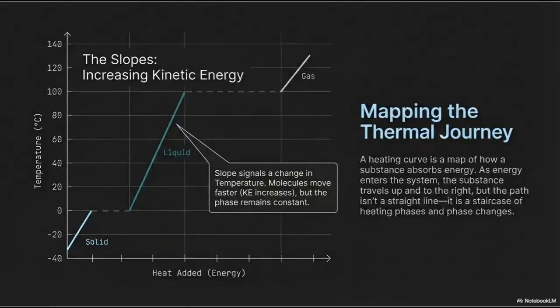So kinetic energy is increasing in regions where the graph is going up. In regions where it's flat, there's no kinetic energy, there's only potential energy. So we can talk about potential versus kinetic in a heating curve. If it's going up, kinetic. If it's flat, potential.